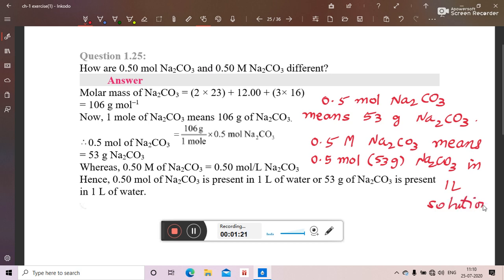In this way both are different from each other. So 0.5 mole Na2CO3 means 53 gram Na2CO3, while 0.5 molar Na2CO3 means that 0.5 mole, or we can say 53 gram Na2CO3 is present in 1 liter of solution.